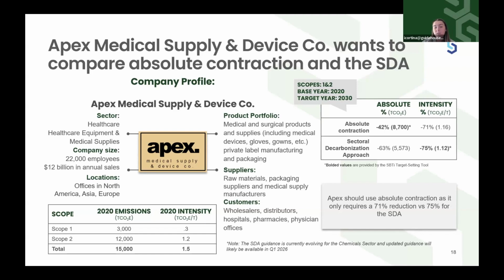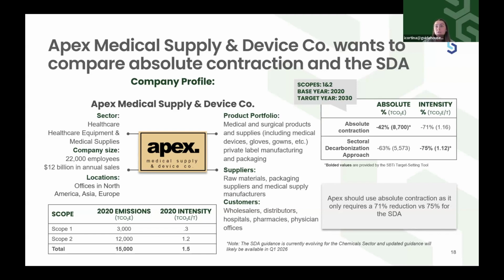The bolded numbers are the reductions provided by SBTI. So for absolute contraction, they would be required to reduce their scope 1 and 2 emissions by 42%. That's what's provided. SBTI would require that they reduce their emissions intensity by 75% in an SDA approach.